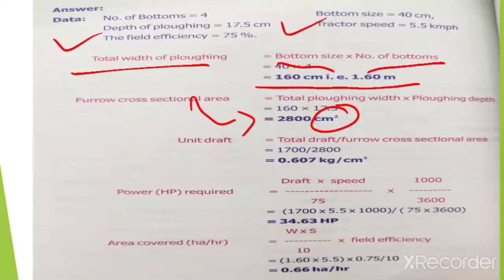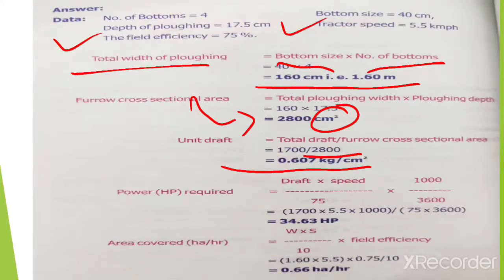Total draft is already given, that is 1700 kg, divided by 2800 centimeter square, the furrow cross sectional area, so the answer will be 0.607 kg per centimeter square.